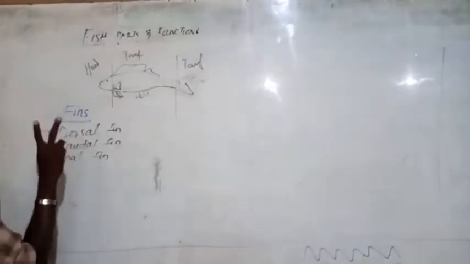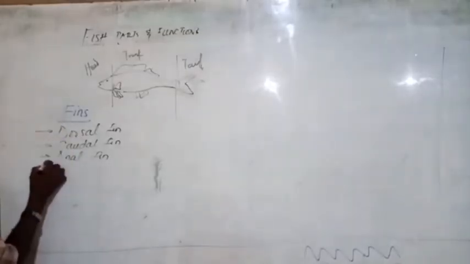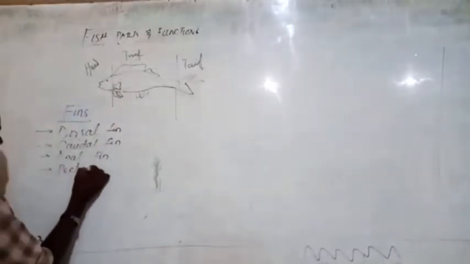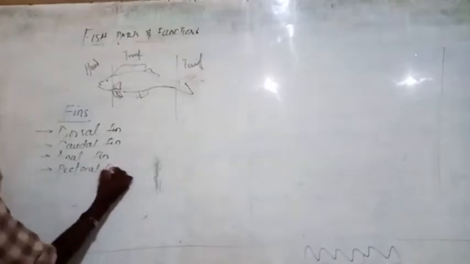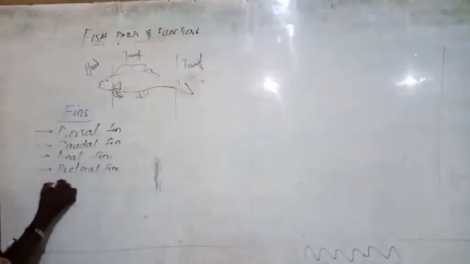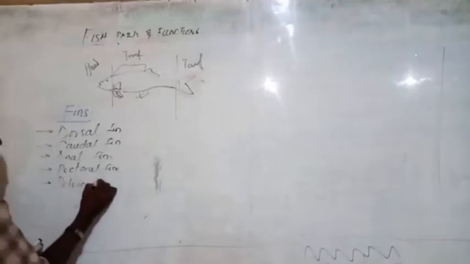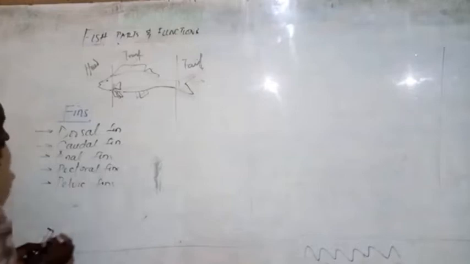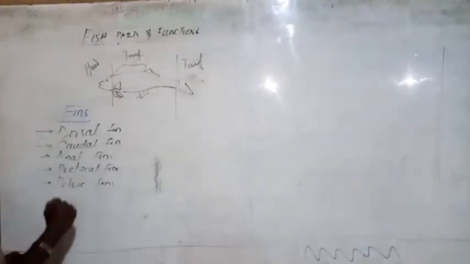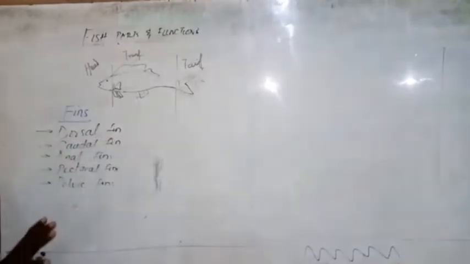So then we have the pectoral fin, and the pelvic fins. Okay, there are 5. I'm sorry, I called it 7. There are five basic fins that the fish must possess in order to be able to move in water efficiently.